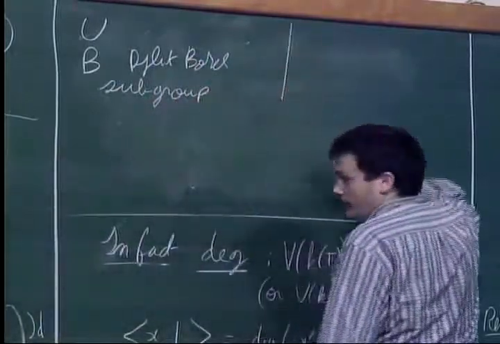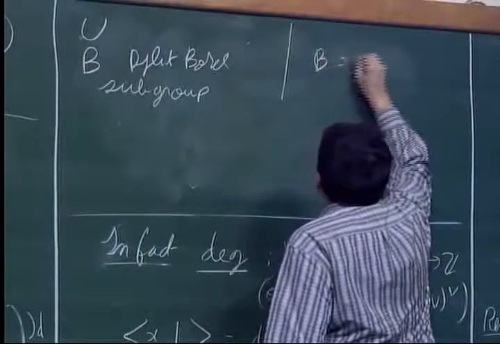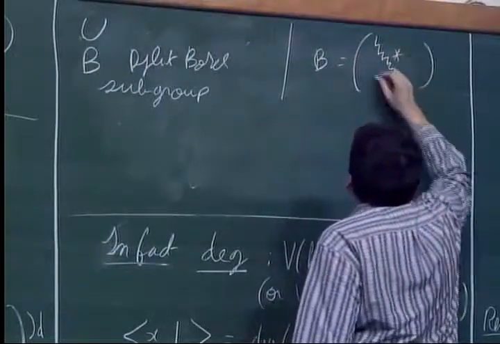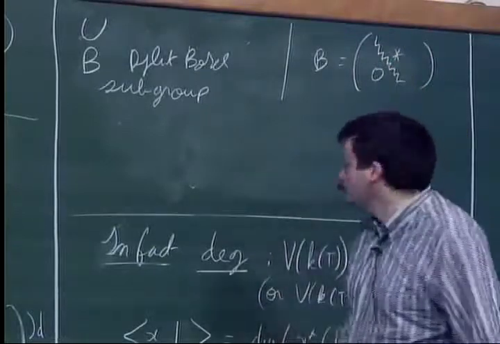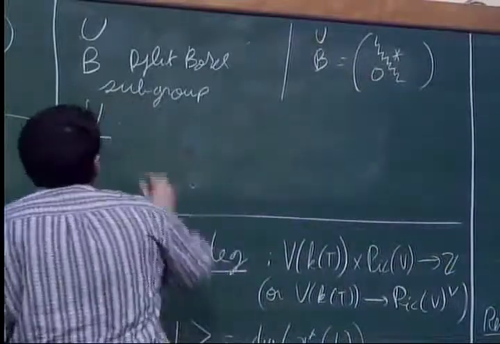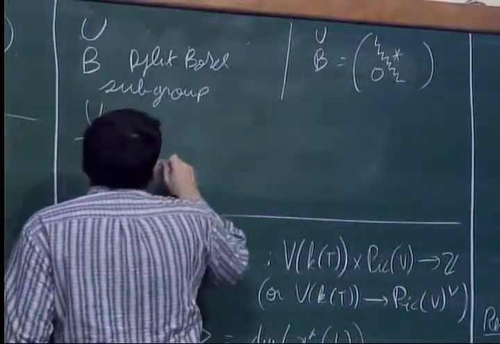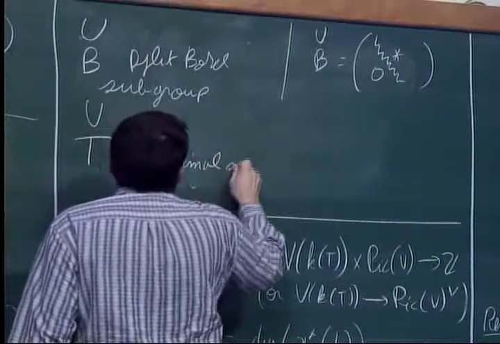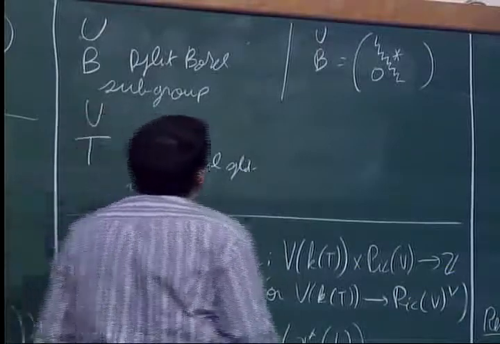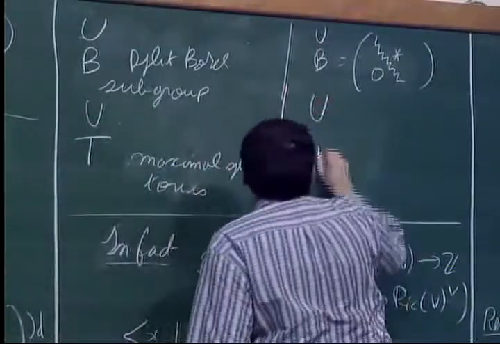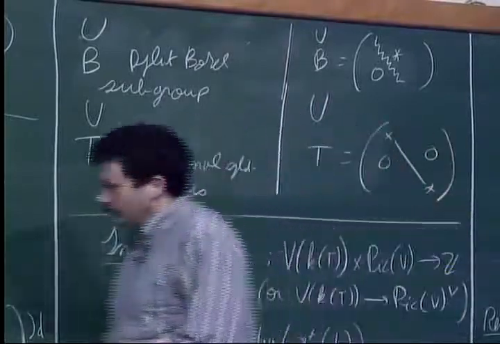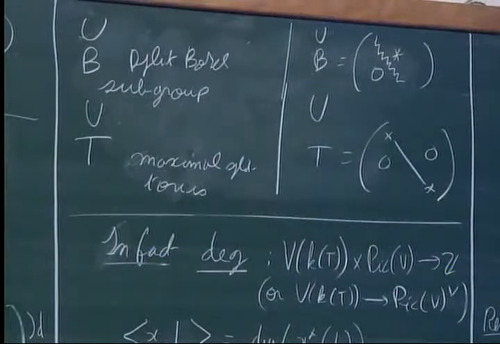So in my example, this split Borel subgroup is given by the upper triangular matrices. And finally, in it, I take a maximal split torus. So I'm not saying things very well, but okay. This is the diagonal matrices.